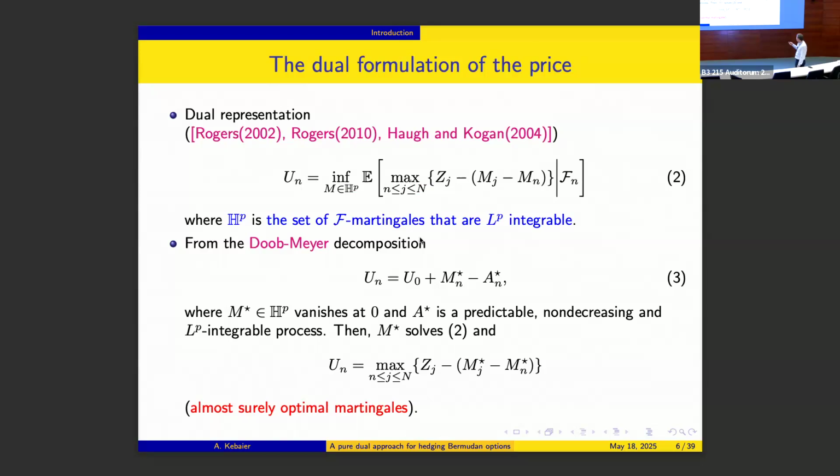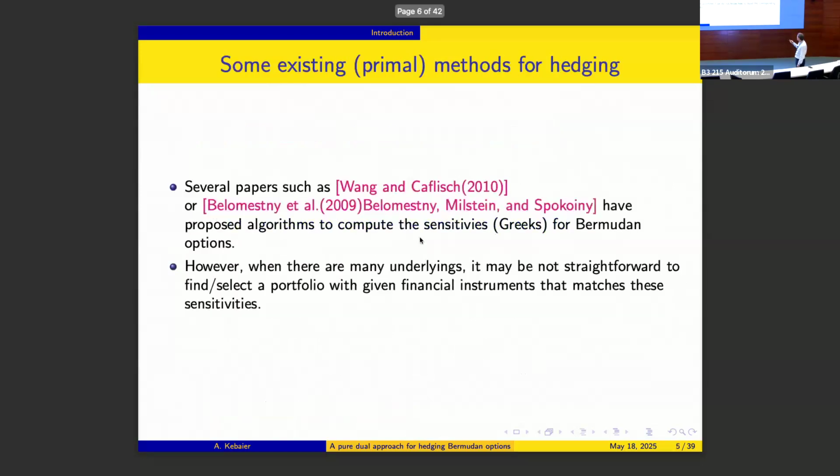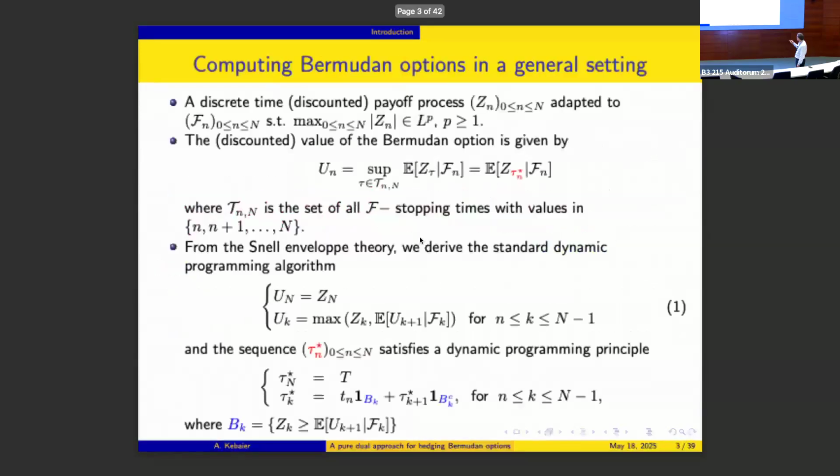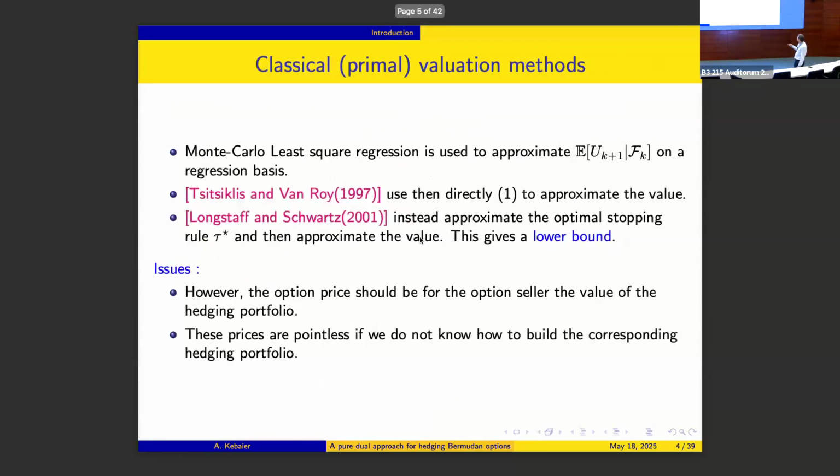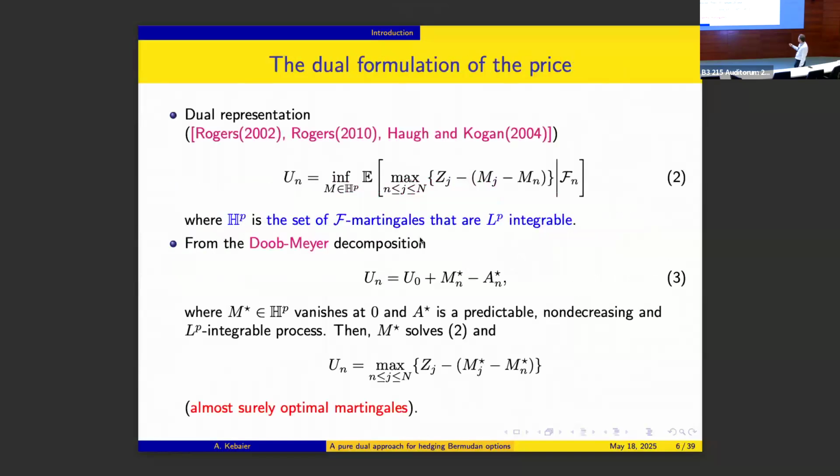If you remember, the price was given by this supremum over all the stopping times in this set of this conditional expectation. So the idea here is to find an upper bound. Clearly the payoff, when putting the maximum inside the expectation, is an upper bound of the American price.